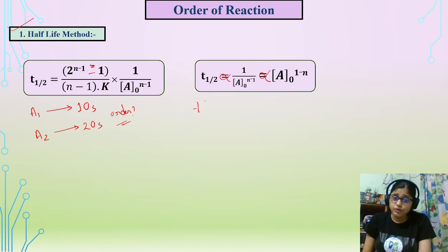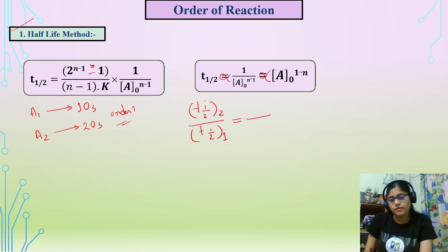You can take T half 2 by T half 1 will be, sorry, A1.